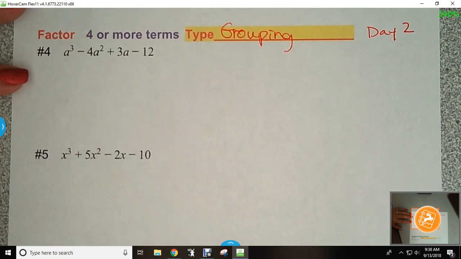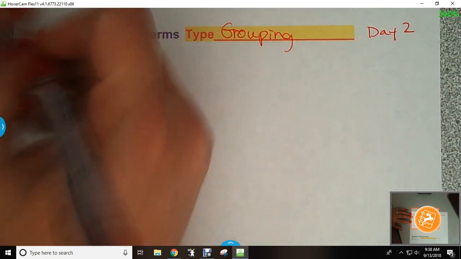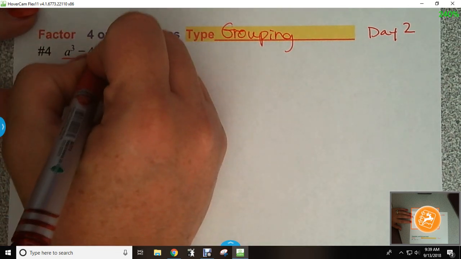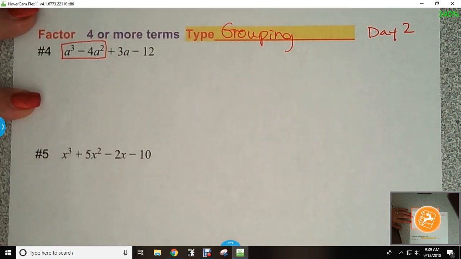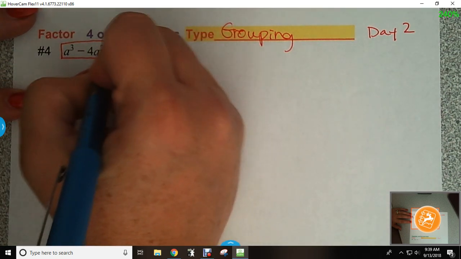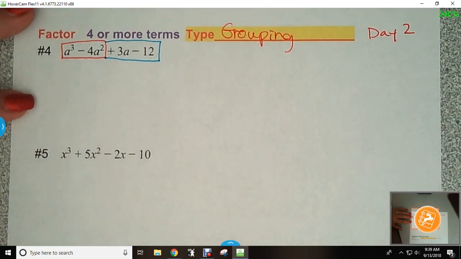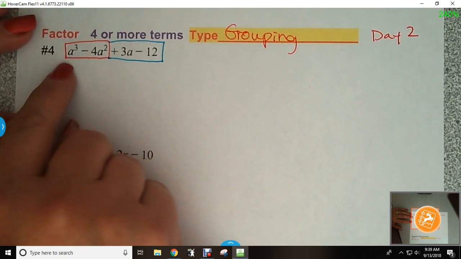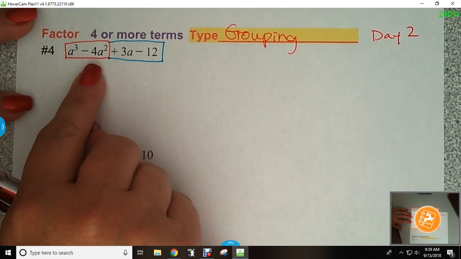Right, and for factor by grouping, most of the time you're going to be able to just take those first 2 terms and then take the last 2 terms as a group and work with those separately and eventually put them back together. So we're going to start with the ones I've boxed in red here.